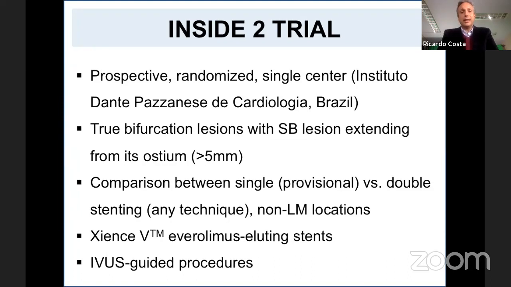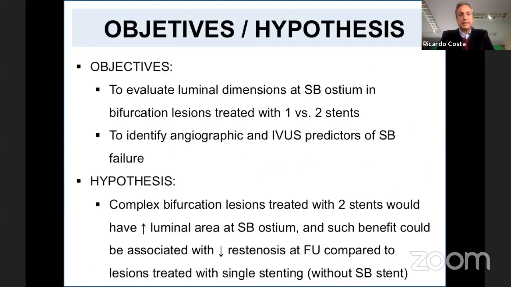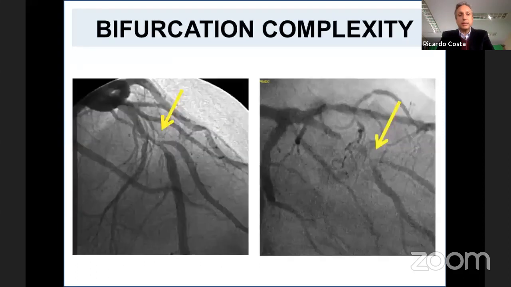We called it INSIGHT 2, which was randomized, trying to get more severe lesions and also lesions in the side branch extending from its ostium, and then to compare provisional versus any double stenting technique. This was all IVUS guided procedures. We have some hypotheses that these lesions should benefit with double stenting as compared to single stenting or provisional stenting approach.